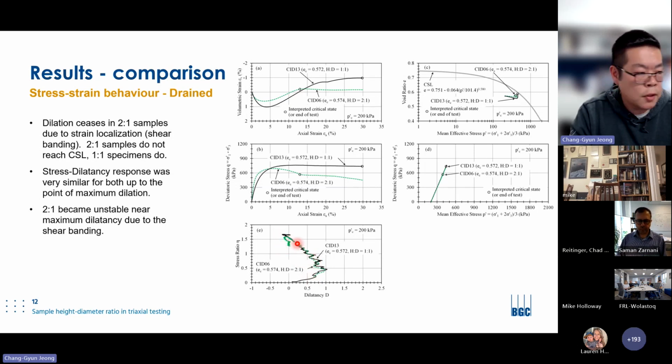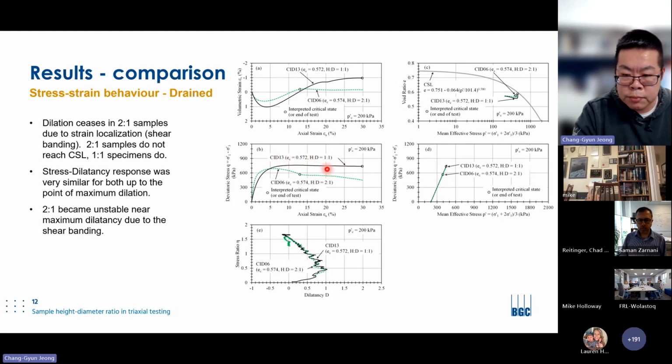Up to here, the 1-to-1 and 2-to-1 tests don't show very different responses. But once you reach the maximum dilation point, the 2-to-1 test became unstable and came down. The stress ratio came down, whereas the 1-to-1 test keeps the same stress ratio.